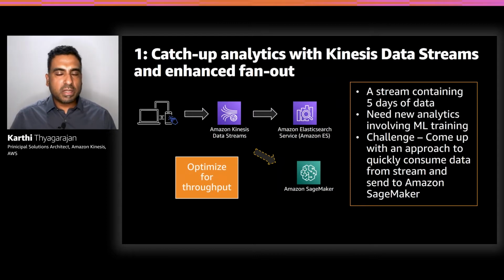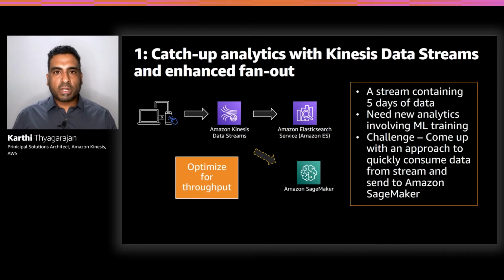And let's say you're going to use this data to do real-time recommendations for your e-commerce site. You've set this up, and as a good architect, you've also made sure to retain 5 days of data in your Kinesis data stream. And you did this because you know that the first streaming use case that you can think of is rarely the only one that will be driven off of this ingested data.